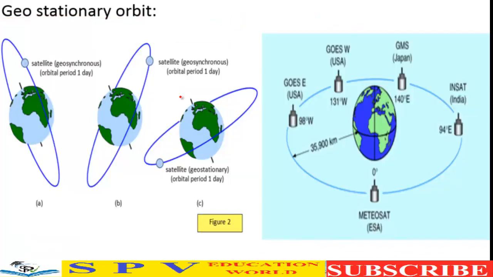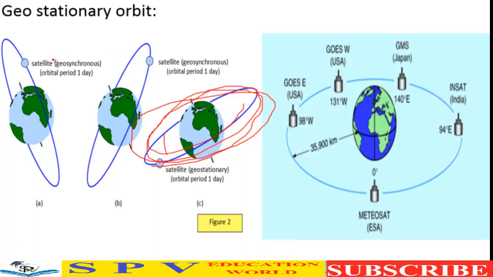See here, this is the figure shown. Perfectly perpendicular to the axis is called geostationary, and with a certain inclination is called geosynchronous. The orbital period for geosynchronous is 1 day, and for geostationary also the orbital period is 1 day only.